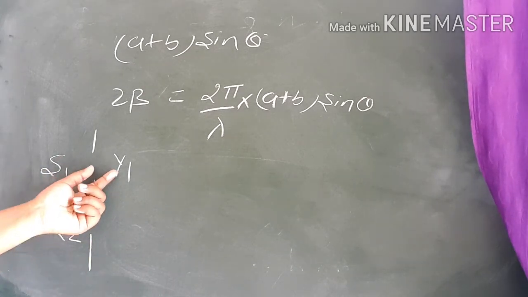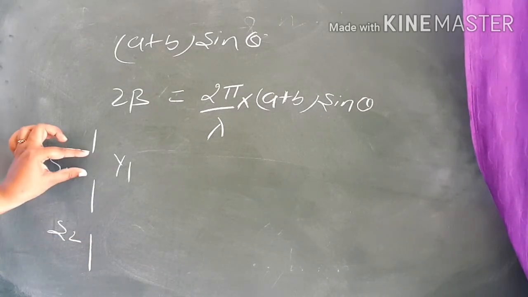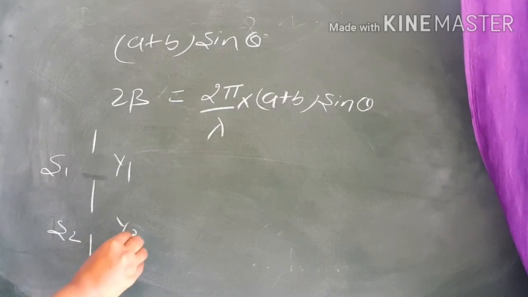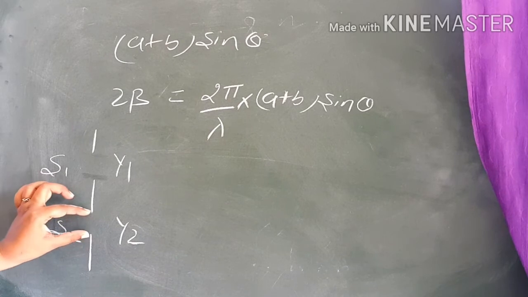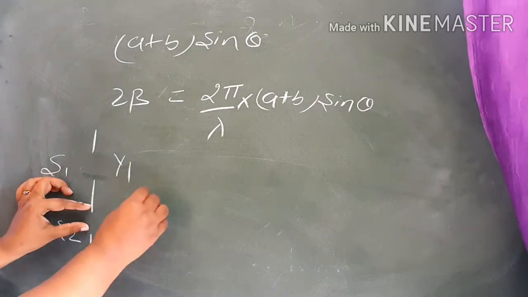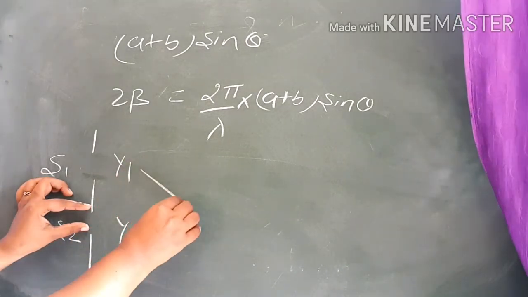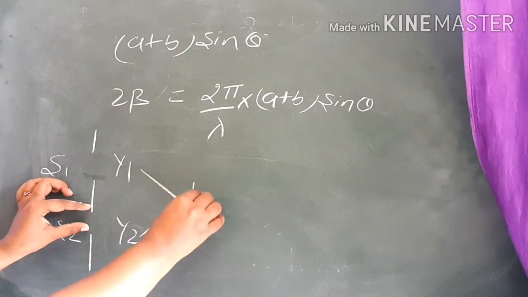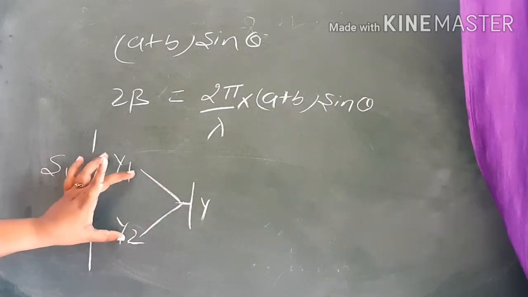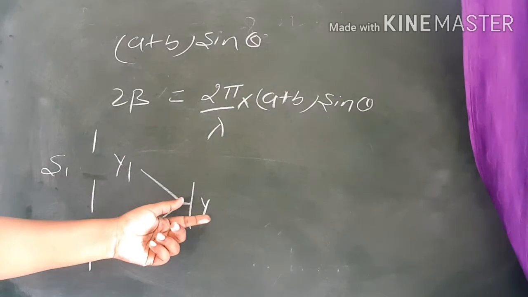Suppose y1 is the resultant of all the rays coming from this slit, and y2 is the resultant wave vector of all the rays coming from this slit. Now we have to find the resultant vector of both of these. Suppose this is y.